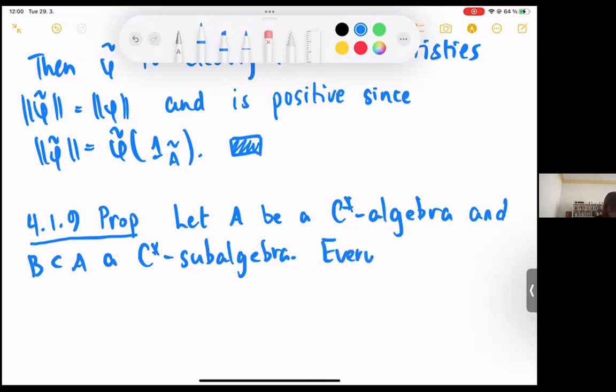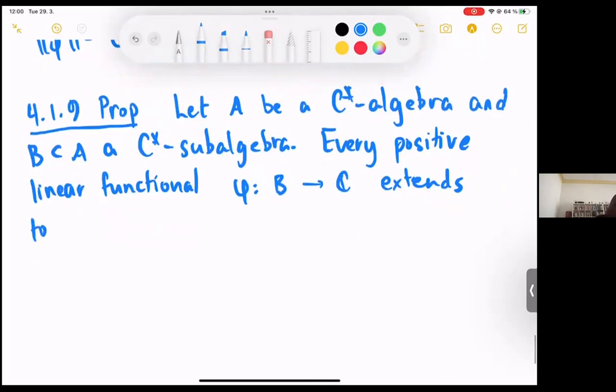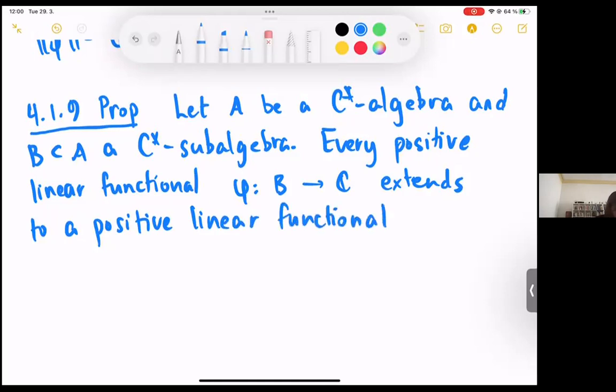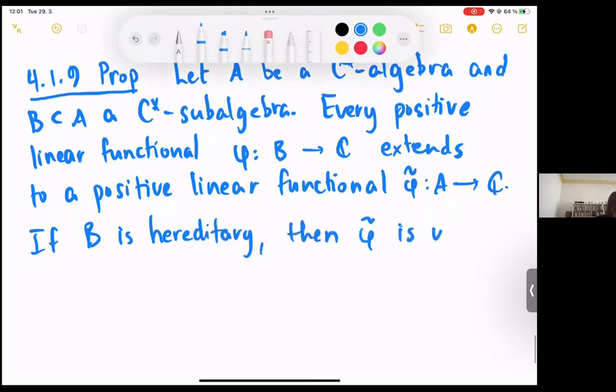So every positive linear functional phi from B extends to a positive linear functional phi tilde on all of A. And if B happens to be hereditary, then phi tilde is unique and satisfies the following.